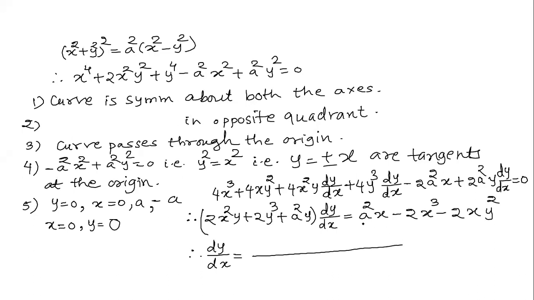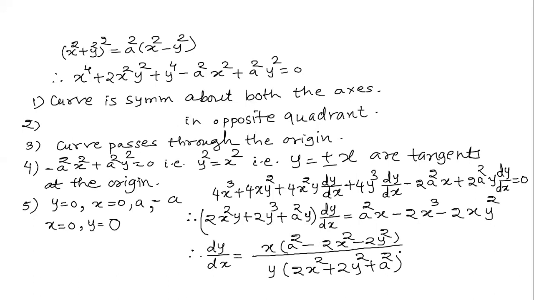So here, I think x is common here. a square minus 2x square minus 2y square. And here, from this we have common y. y, 2x square plus 2y square plus a square. I hope that I am correct.